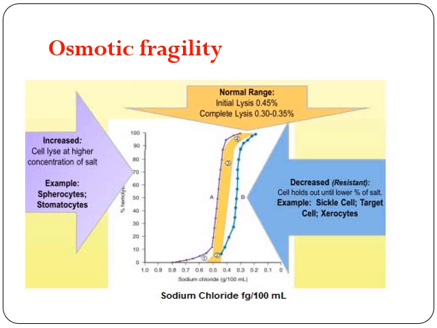Now talking about osmotic fragility, whenever we place the RBC in a hypotonic saline solution, the water will come inside the RBC and they will swell up. A normal RBC can adjust to this stress by increasing its volume, which I already discussed.